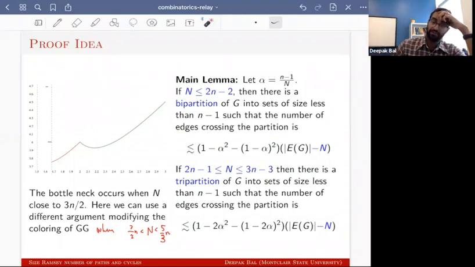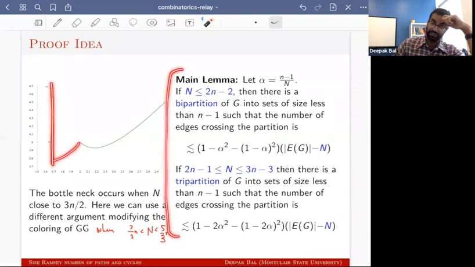You can modify the ordinary Ramsey coloring and get a different bound there, which improves as N gets closer and closer to 1.5 little n. And so then the bottleneck is right here. In our argument, the place to look to start improving is when capital N is around 5/3 n. That's when our separate argument stops working, and we have to rely on this lemma to do it.